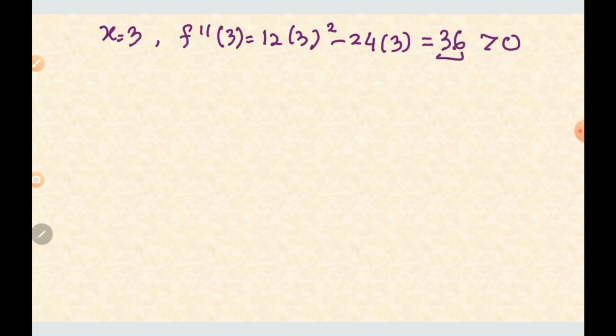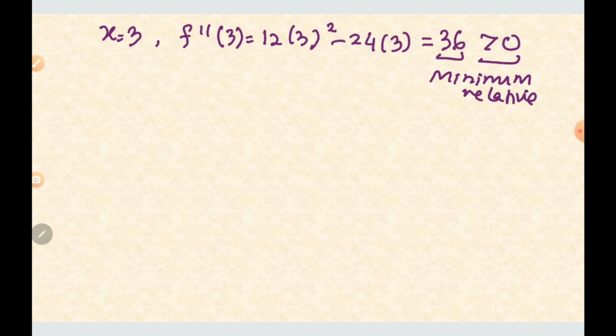So f double prime of 3, you will get 12 times 3 squared minus 24 times 3, and the answer is 36. 36 is more than 0. So we can say that at x equals 3 we have a maximum or minimum. More than 0 here, we have a relative minimum.